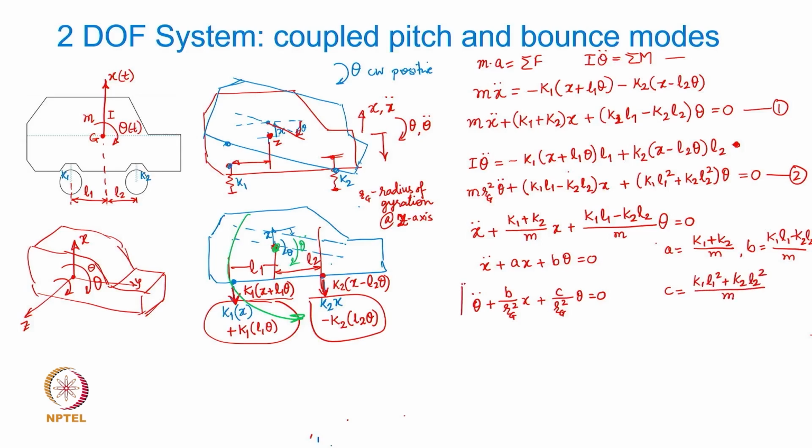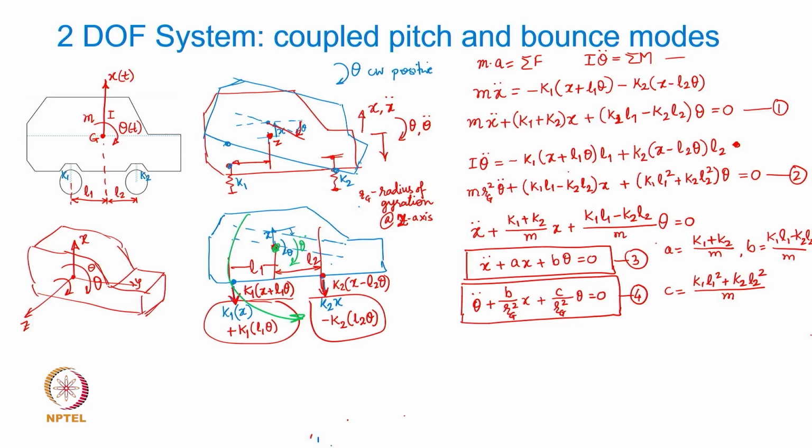Okay, so this becomes my equation number 4, and this one equation number 3. Those are the two final governing equations of motion. So the mass is only one, but I still have two governing equations of motion, two ordinary differential equations to solve for getting the response x and response theta.